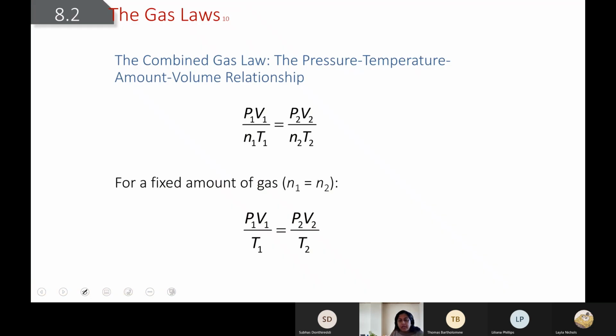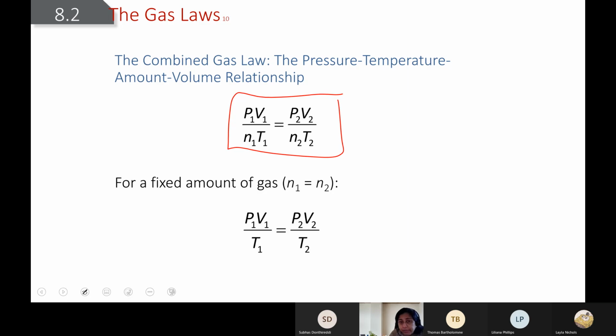Next, I am going to combine all three gas law equations we have learned so far: Boyle's equation, Charles' equation, and Avogadro's equation. Combining all three, I get this equation: P1 V1 over N1 T1 equals P2 V2 over N2 T2.